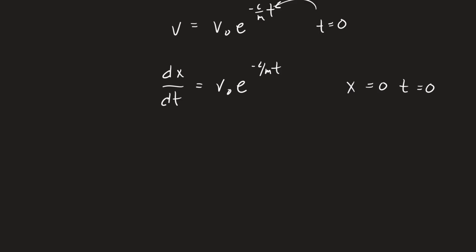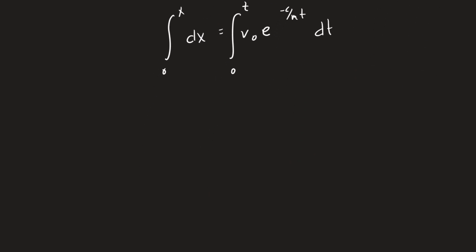Let's give it a try here. I'm going to split the derivative. I'm going to collect terms. I don't have to worry about that too much. They're already collected. I'm going to integrate both sides. I'm going to take the antiderivative of both sides, or integrate both sides, however you want to say that.